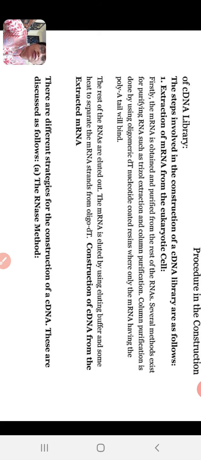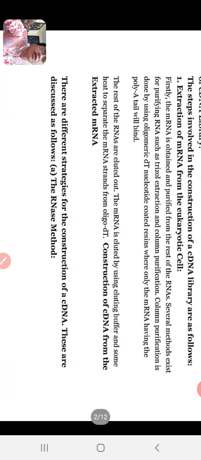The rest of the RNA is eluted out. The mRNA is eluted using elution buffer and some heat to separate the mRNA strand from the oligo dT.